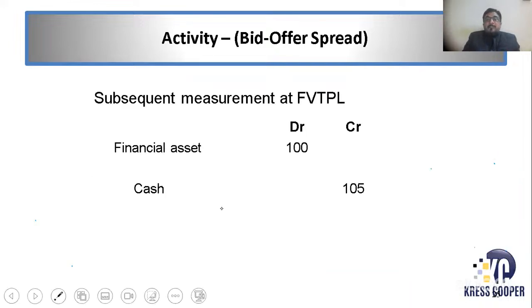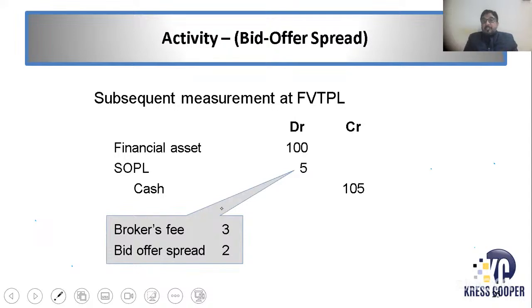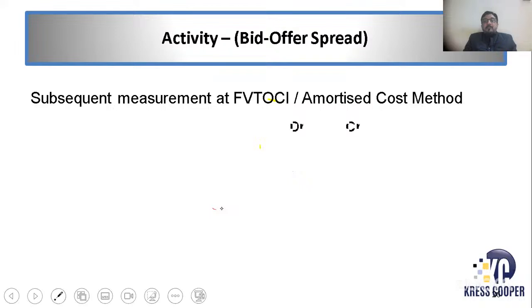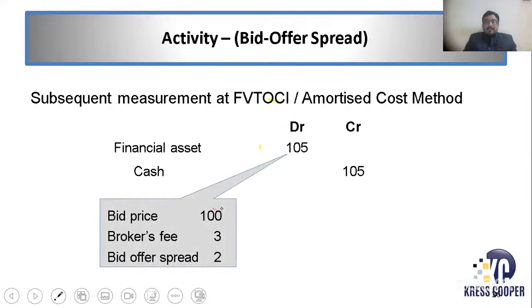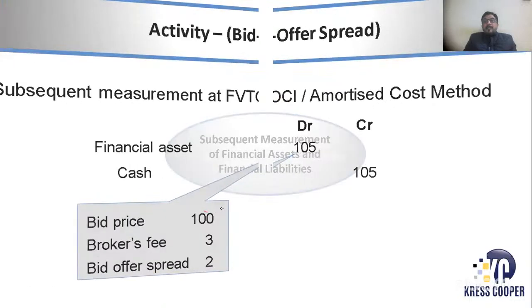The financial asset will be debited with 100, cash will be credited with 105, and the difference 5, which includes broker's fee 3 and the bid offer difference 2, means 3 plus 2, 5, will be taken to statement of profit or loss. But if the investment is to be made at fair value through OCI or amortized cost method, that 5 will be capitalized. Okay. So this is how we work out the transaction cost.